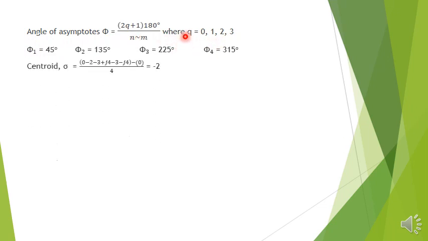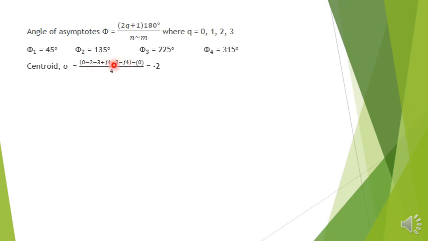Next, the centroid. The centroid is obtained by the sum of the open loop poles minus the sum of the open loop zeros, divided by n minus m. So the sum of the open loop poles is 0, minus 2, minus 3 plus j4, minus 3 minus j4. The j4 and minus j4 get cancelled.